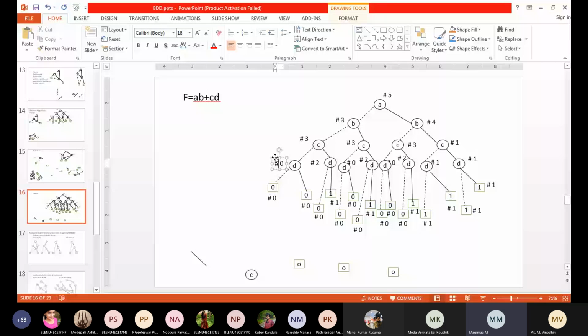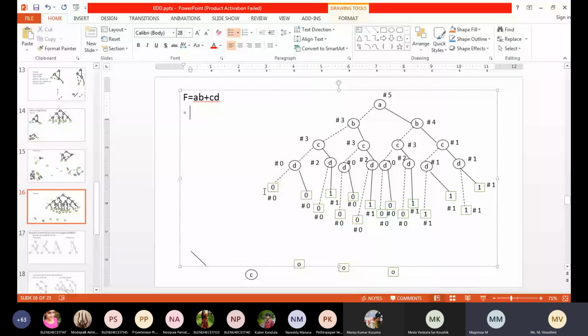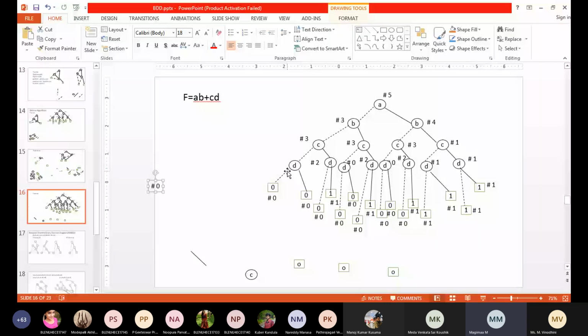Both are different now, ma'am. Which one? D and D. No, if I look at this D, all are same. So we can remove and connect it to 1. 1 or 0? Any single 1 0, ma'am. Okay, let me do that.